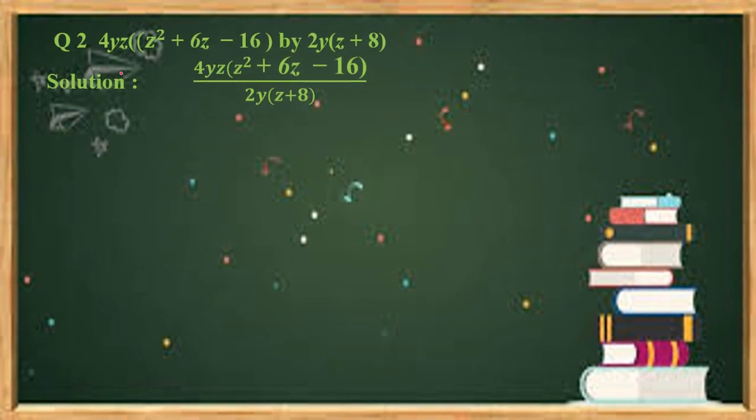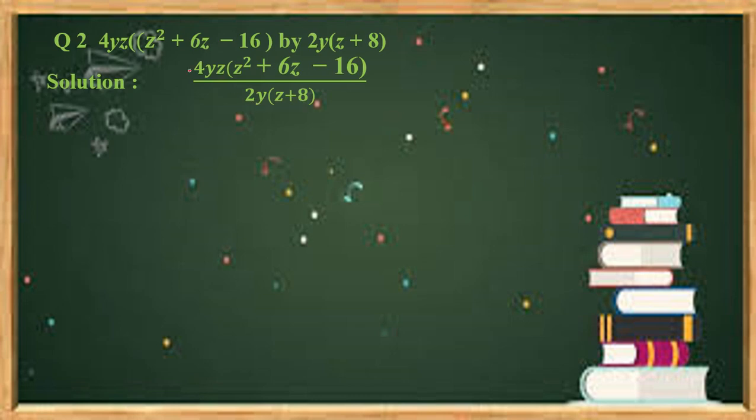Question number 2: 4yz into z square plus 6z minus 16, divided by 2y into z plus 8. Observing the numerator, z square plus 6z minus 16 is a quadratic polynomial, and in the denominator we have 2y into z plus 8.